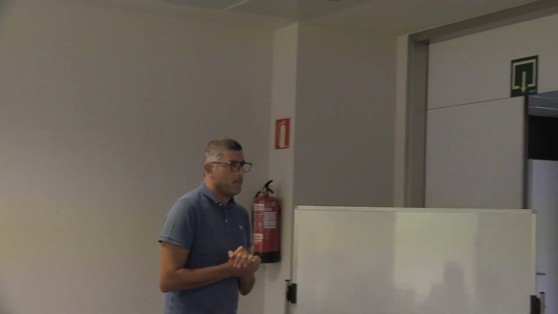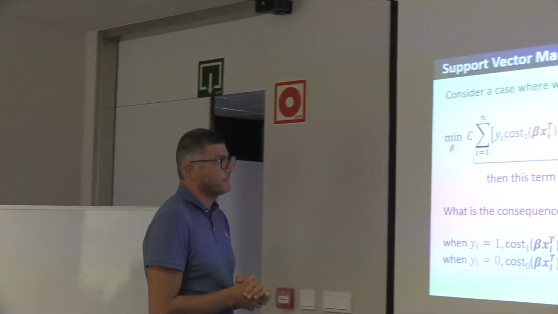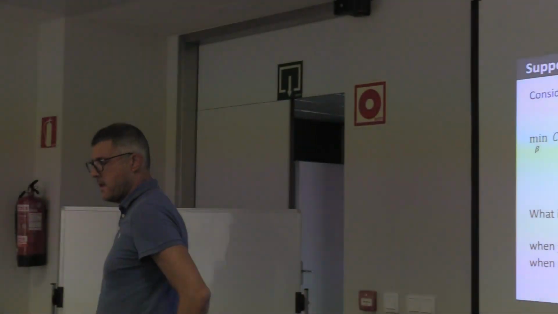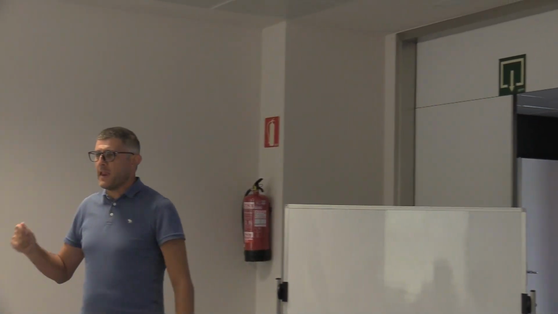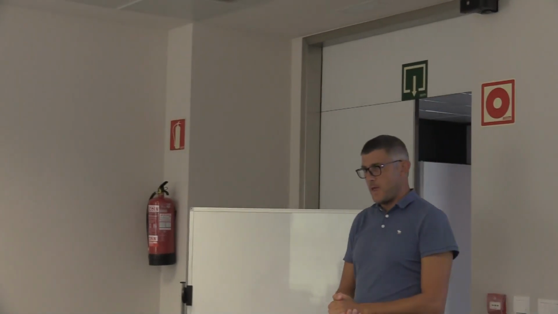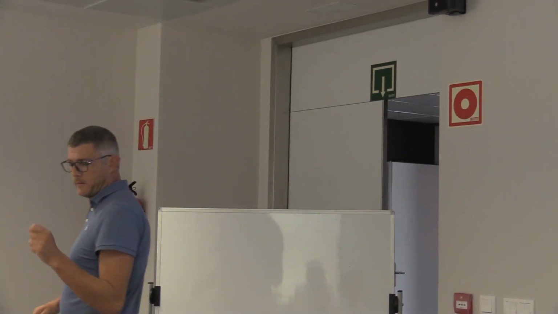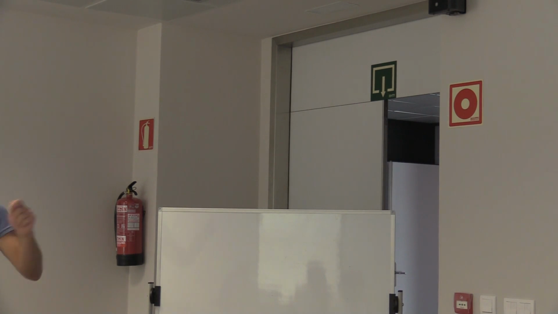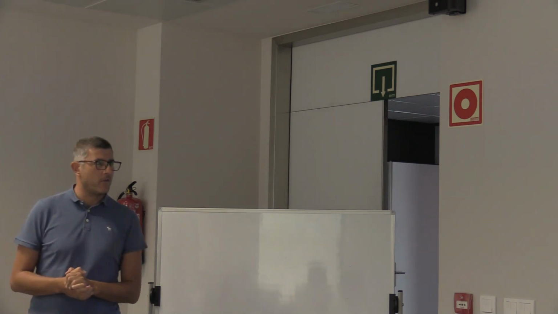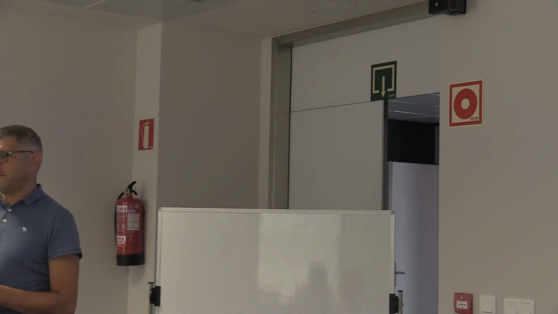Let's say that C, the cost value, is very, very high. As I said, this is a parameter we have to fix. Every time you do a support vector machine, you have to decide the value of C. So let's say we fix C to a very large value, 10,000.